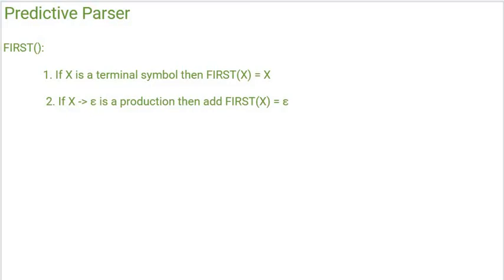Now this second rule, and the rules we are going to discuss from here, are for non-terminals, because we already discussed that first of a terminal will be the terminal. So when we have a production like x tends to epsilon and we compute the first of x, then first of x will also contain epsilon in it.